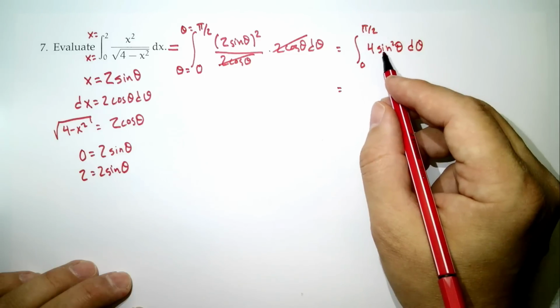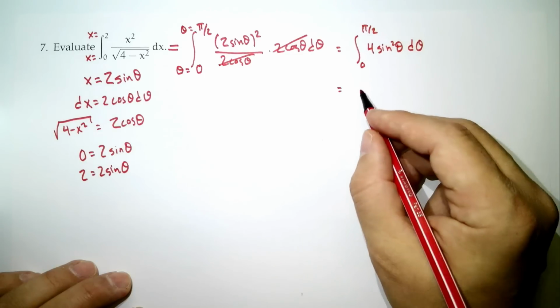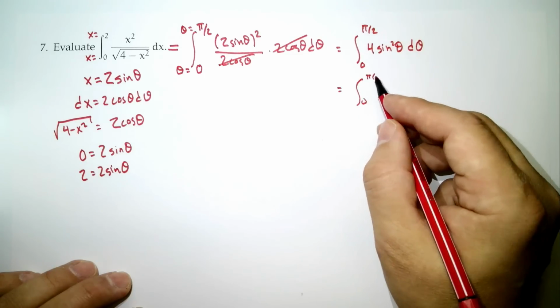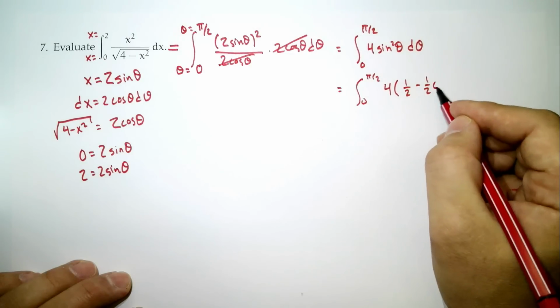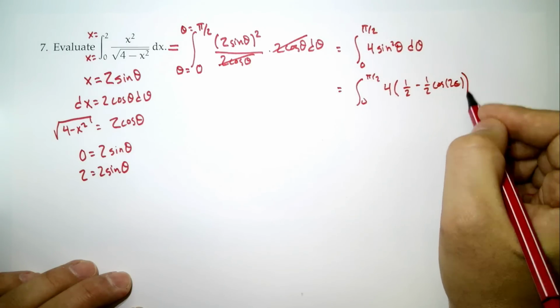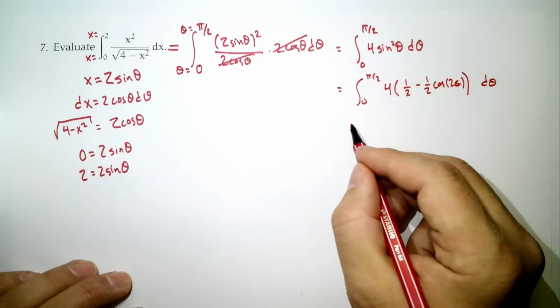Power reduction. Right. So sine squared is going to be 4 times 1/2 minus 1/2 cosine 2 theta d theta.